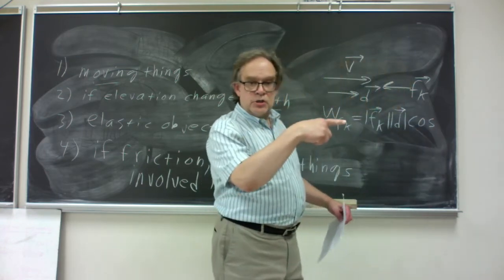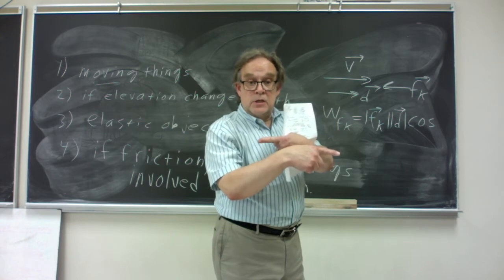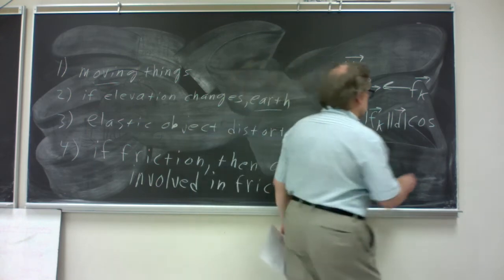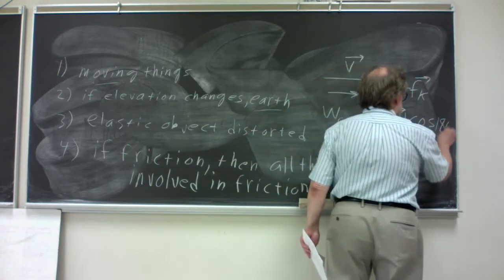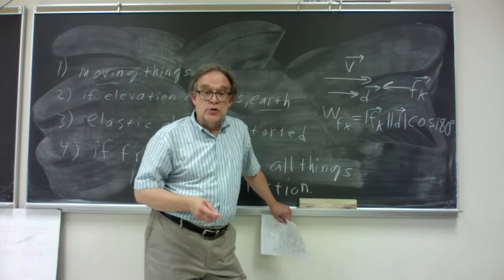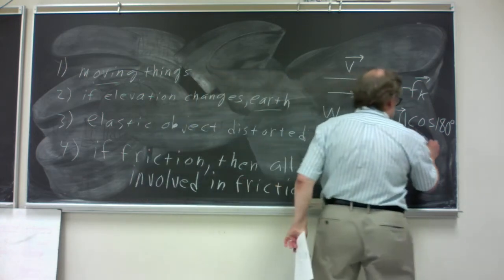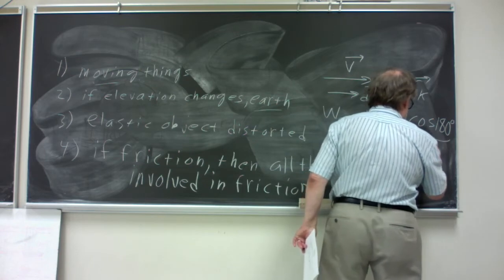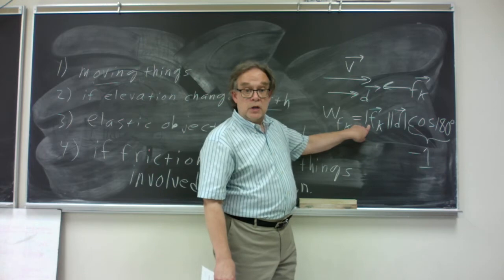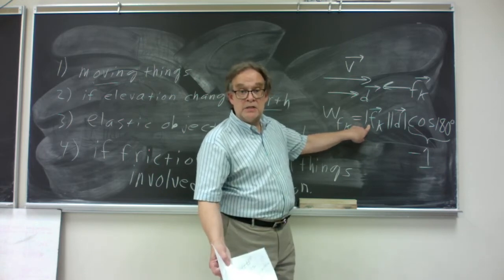The displacement is straight to the right, friction is straight to the left. They're exactly opposite. They're 180 degrees apart. So here we have cosine of 180 degrees. And it turns out that cosine of 180 degrees is -1. The magnitude of a force is, by definition, positive.